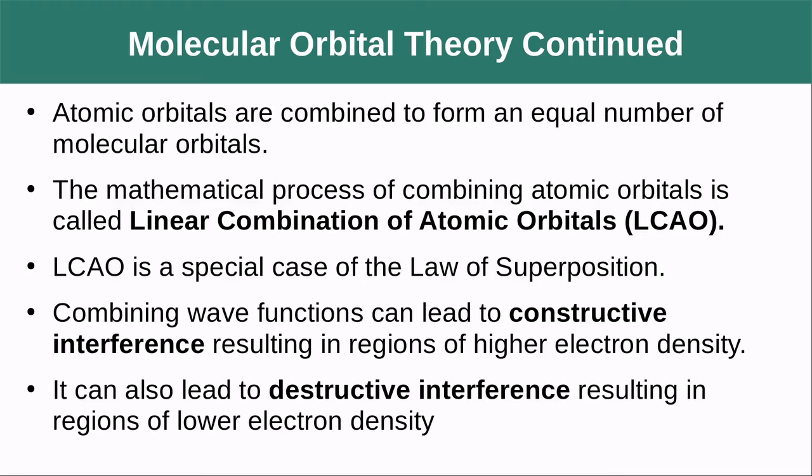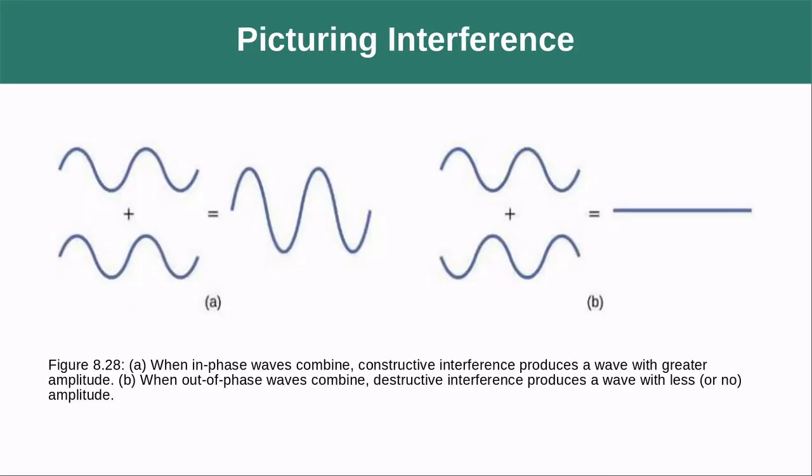And LCAO is a special case of the law of superposition, which you may learn about in differential equations. Combining these wave functions can lead to constructive interference, resulting in regions of higher electron density, and it can also lead to destructive interference, resulting in regions of lower electron density, exactly as we saw for electromagnetic waves.